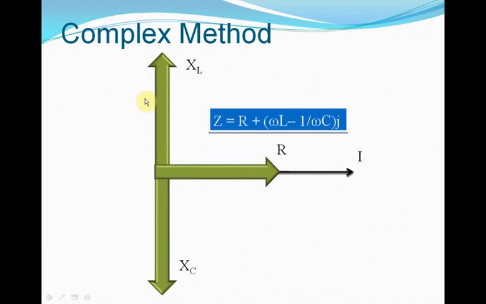So we can just write Z, the impedance, as R plus omega L minus 1 upon omega C, j, isn't it? So the real part of Z is R, and the imaginary part of Z is omega L minus 1 upon omega C, or XL minus XC. So that is how we can represent the impedance in the form of complex numbers.